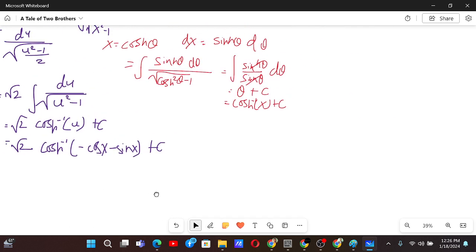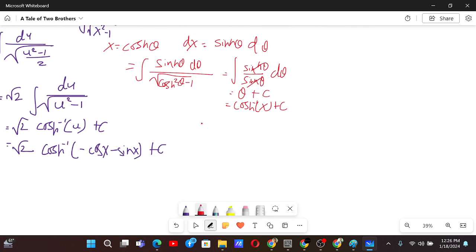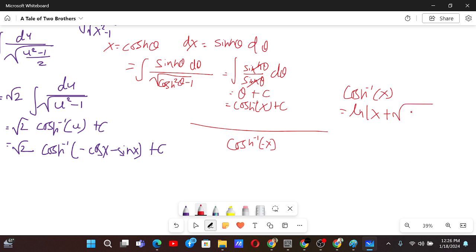First, okay, so let's say we have cosh inverse minus x. Now the logarithmic expansion for cosh inverse x is ln of x plus root x square minus 1. Actually it's plus minus, but let us just write plus, to be sure that the value is positive.